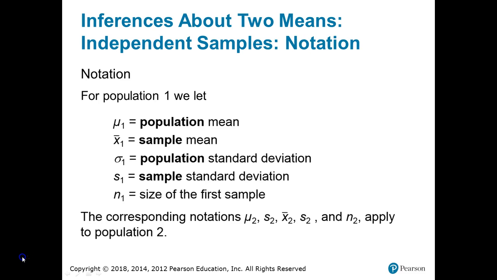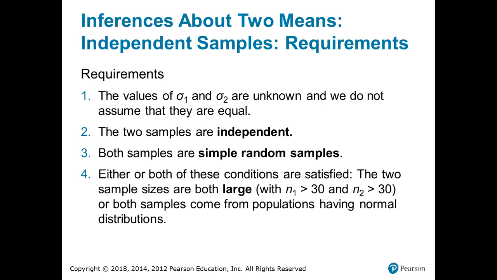Just to go through the notation now, we have our mu1, so same notations, just we're adding subscripts. So mu1, x bar 1, sigma 1, s1, n1 are all the same, just of the first sample, and then add a subscript of 2 to apply it to the second sample. Requirements are similar to the previous one: we don't know the population standard deviations.